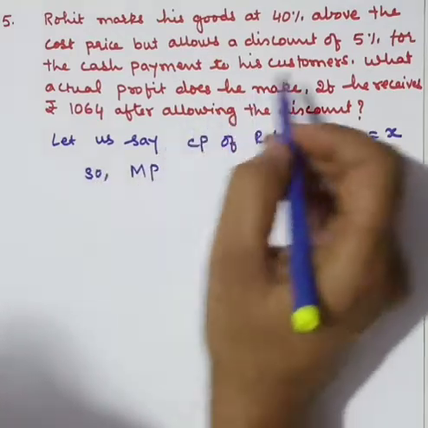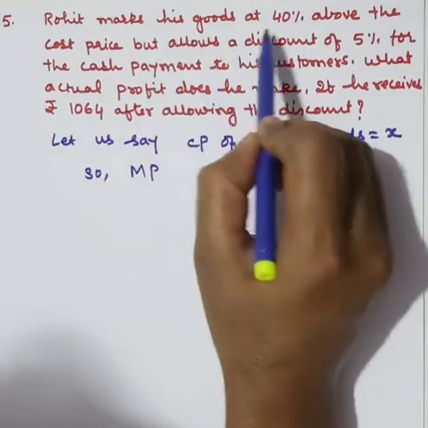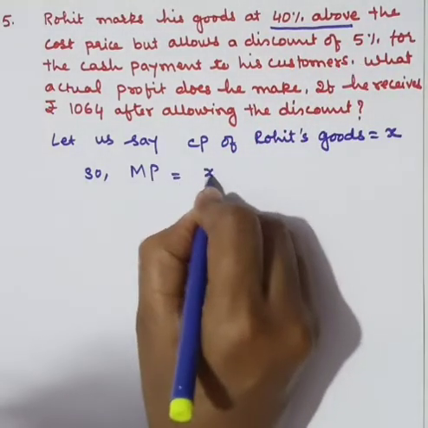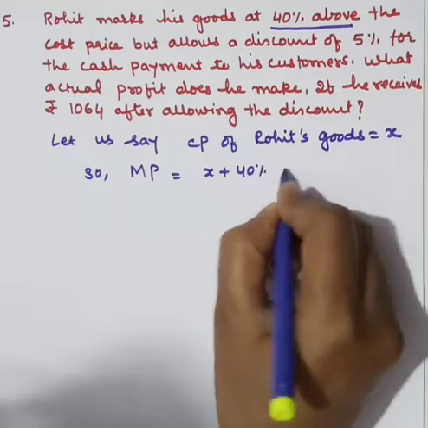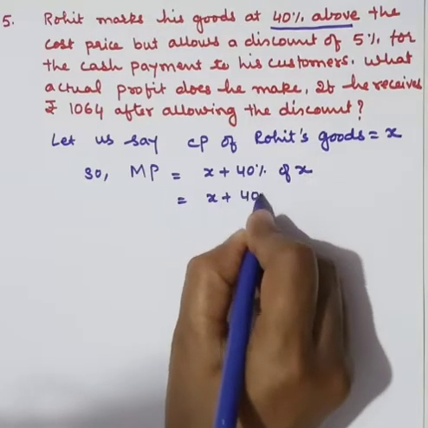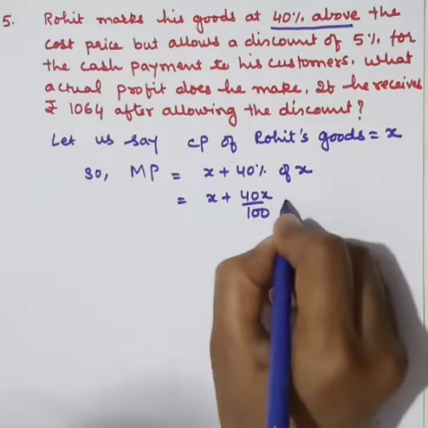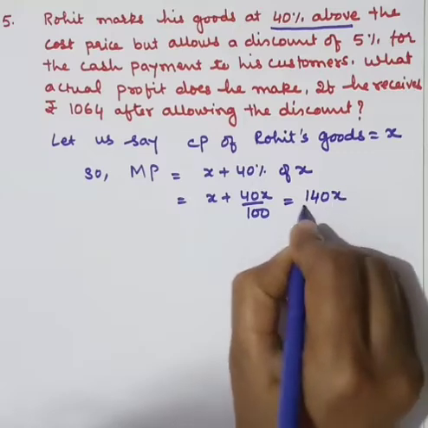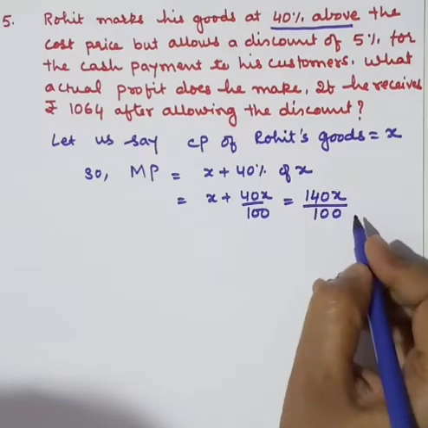Since he is marking his goods 40% above, so MP will be equal to X plus 40% of X. Okay. So this will become X plus 40X by 100, and if you take out the LCM, you will get 140X by 100.